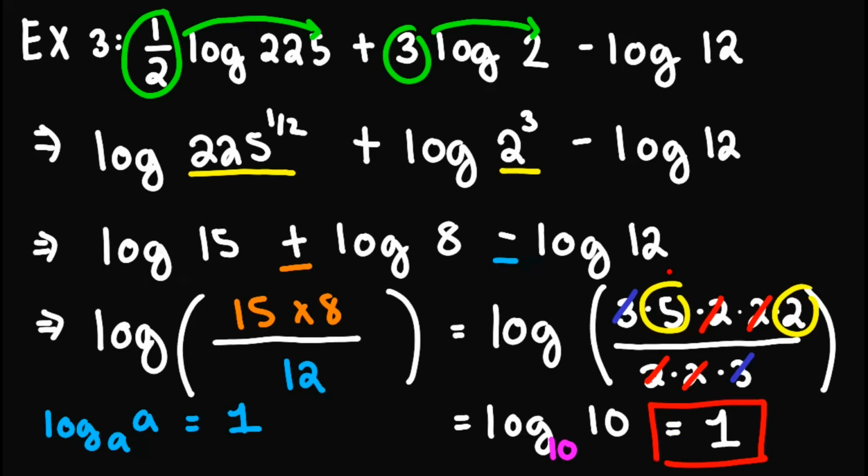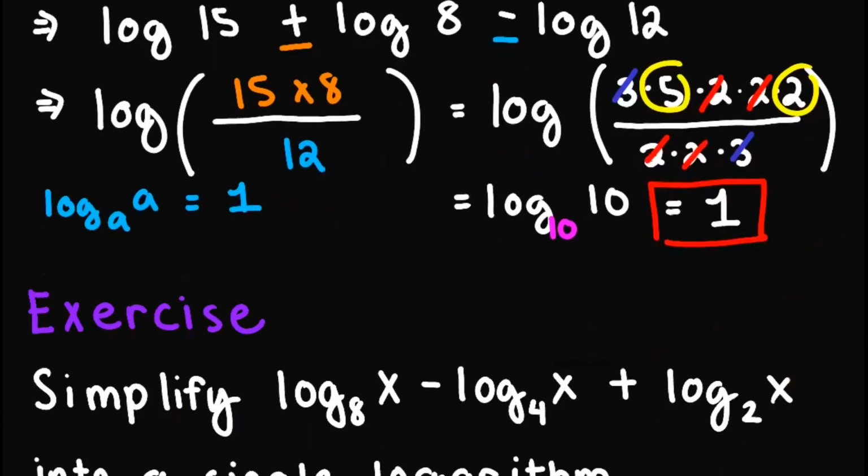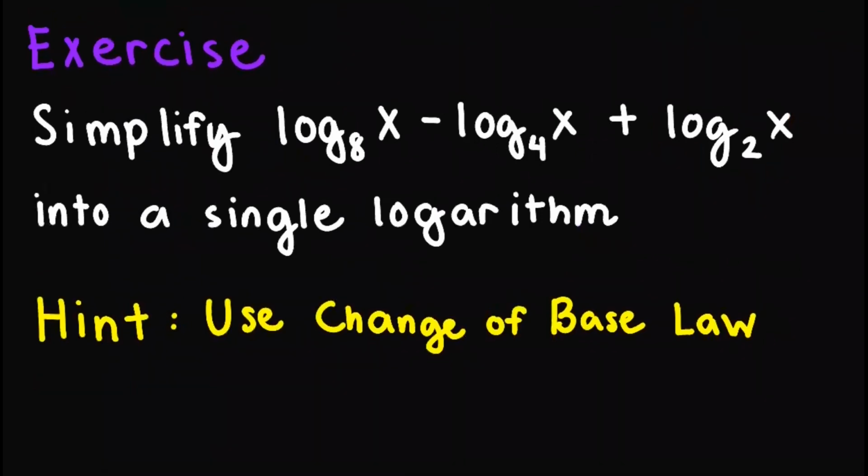And this is actually our last example. But before you go, you might want to try this exercise. So in this exercise, you are tasked to simplify the logarithm of x with respect to base 8 minus the logarithm of x with respect to base 4 plus the logarithm of x with respect to base 2 into a single logarithm.